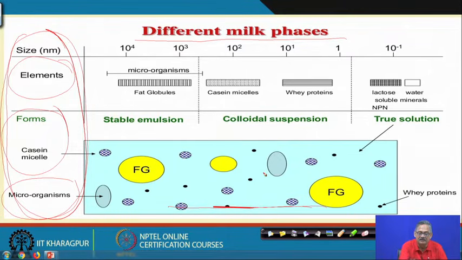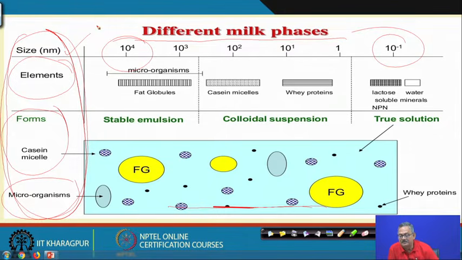You see here it is from 10 to the power 4 to 10 to the power minus 1 in nanometer, right. So, there you see that fat globules are like this, so big fat globules are like this.